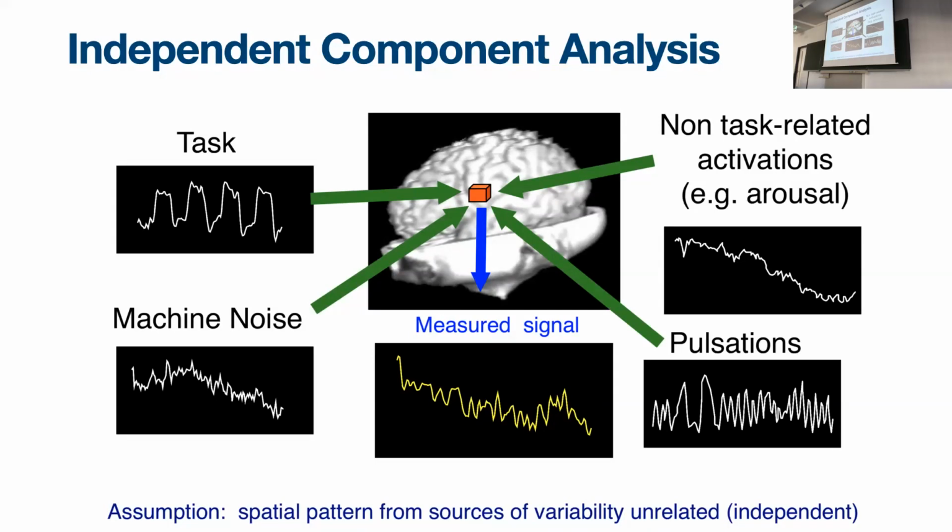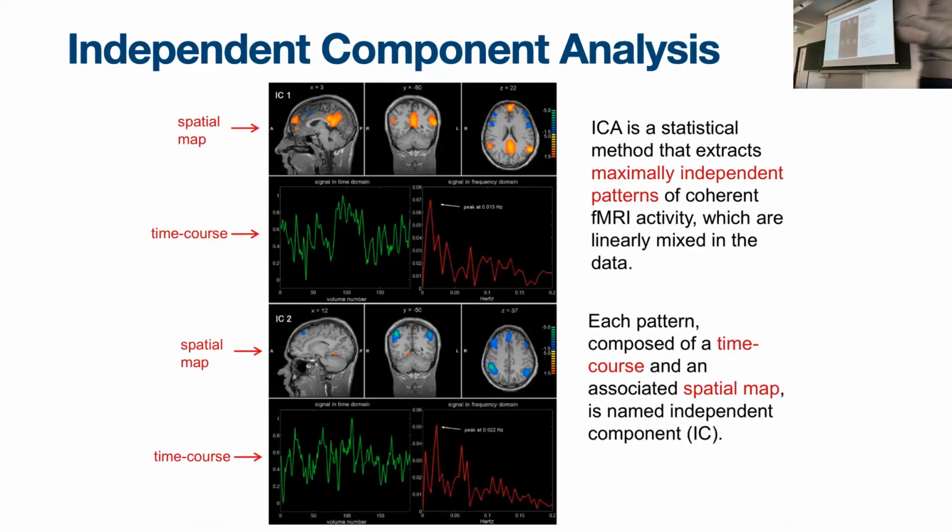Pulsation-related signals are very similar, and ICA will find this similarity between those signals from different voxels and pick it up as a separate component. Similarly for tasks, and for different types of noise. So ICA allows you to really partition out different parts of the brain, and find specific networks that are doing specific things.